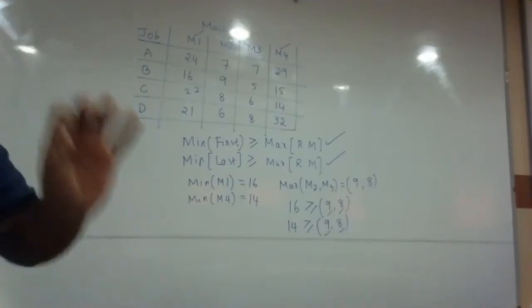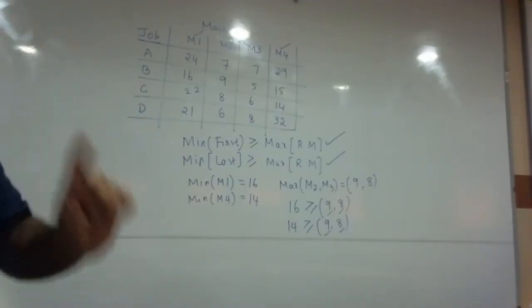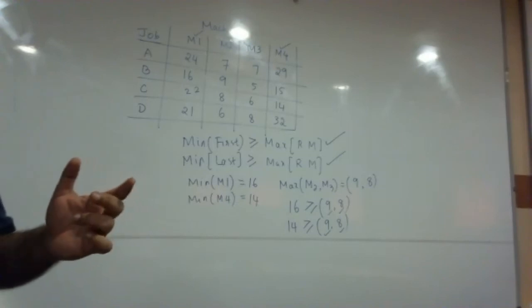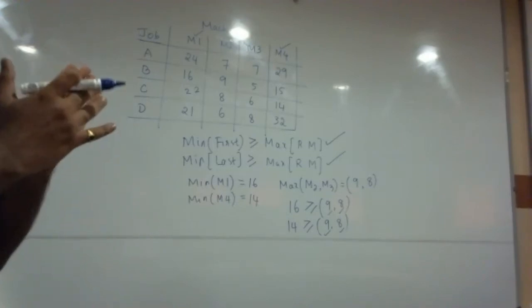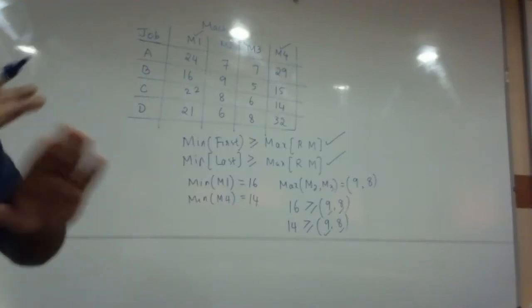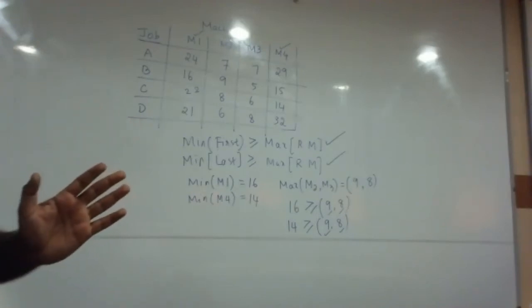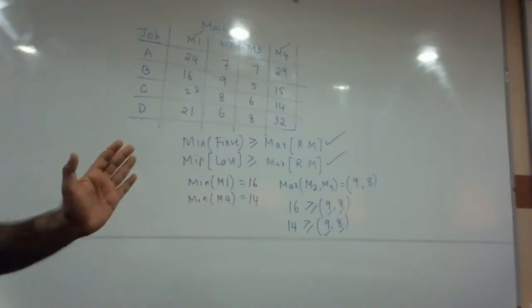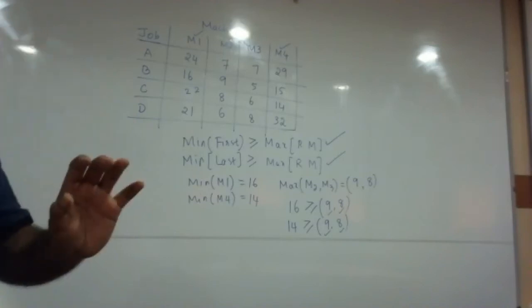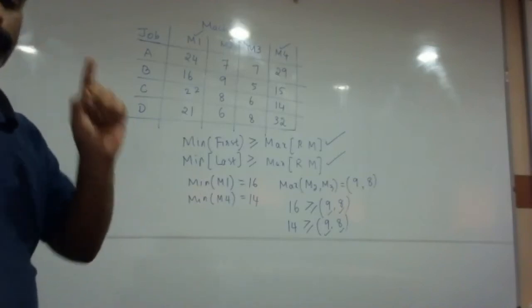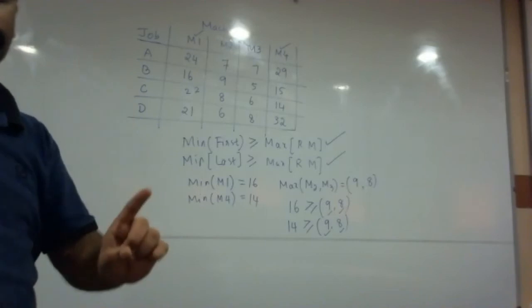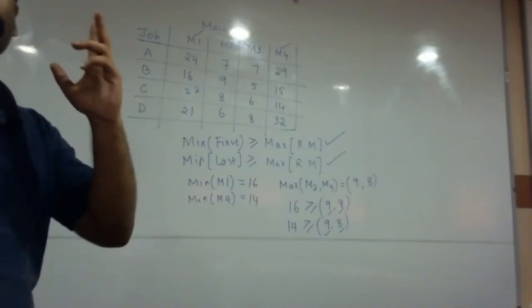So in any problem, if both the conditions are satisfied, then the way we convert this problem into two machines is entirely different. Here we do not introduce fictitious machines. This is the most important point to remember. We are not supposed to introduce fictitious machines if both the conditions are satisfied.